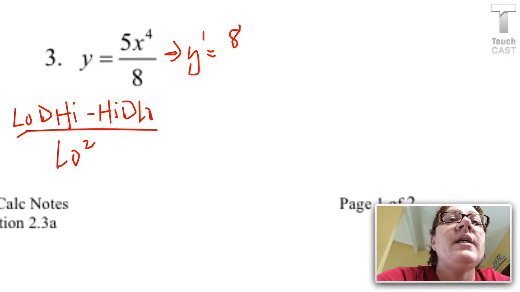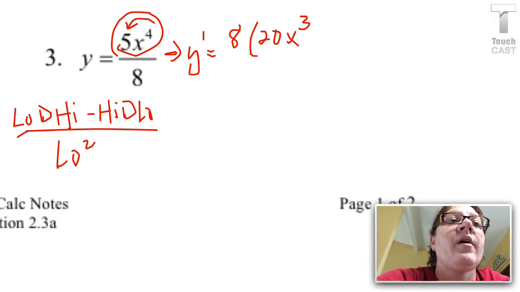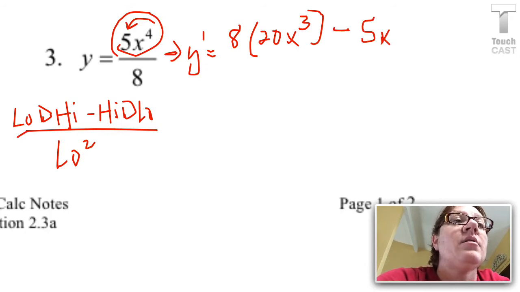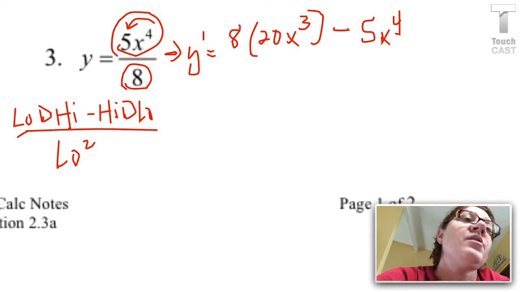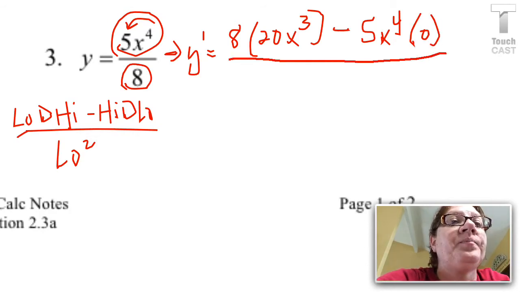So low d high. Now the derivative of the high, let's see, power down, so I would get 20x cubed. So there's d high minus the high, well, I don't change it. And then I've got to do d low, but the derivative of the denominator, well, that's just 0 because it's a constant, all over low squared.